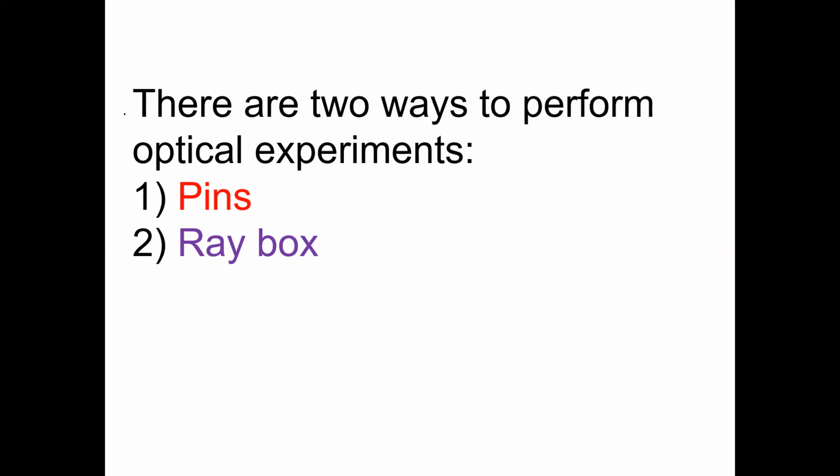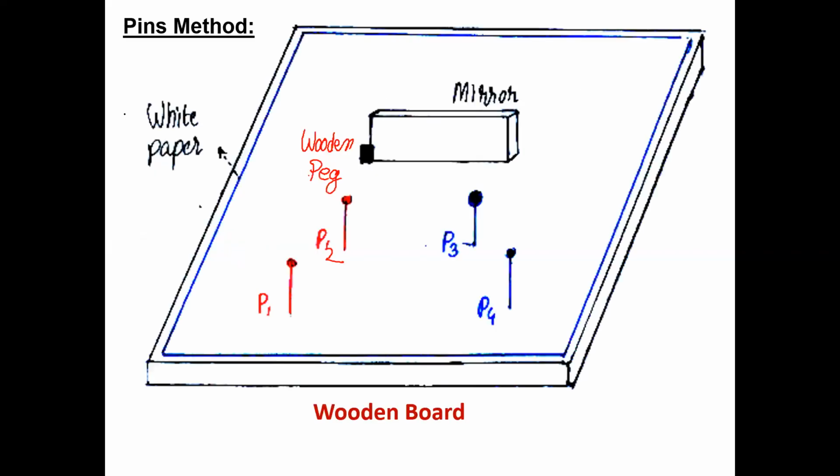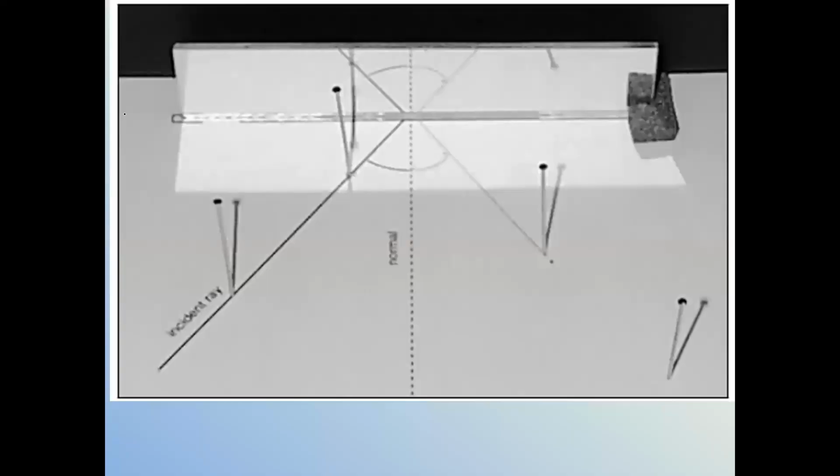Done. Now look at this famous apparatus. We have a wooden board and a white sheet of paper, and I have placed a mirror with a wooden peg, and I have placed 4 pins. First, I will put 2 pins, and then I will put two more pins. This is the real appearance of the apparatus. First, we put 2 pins.